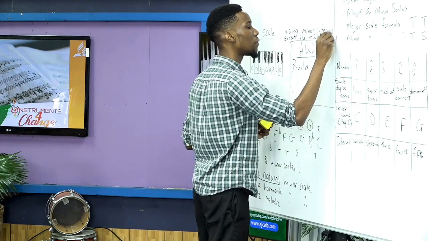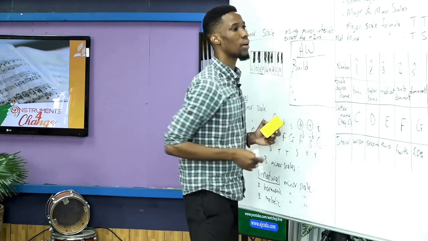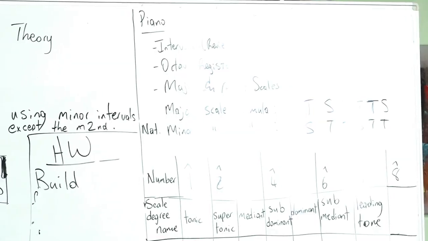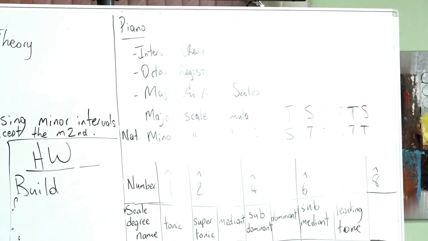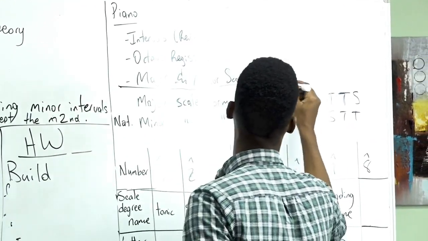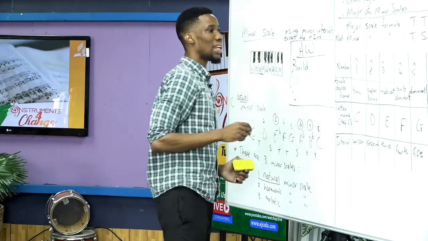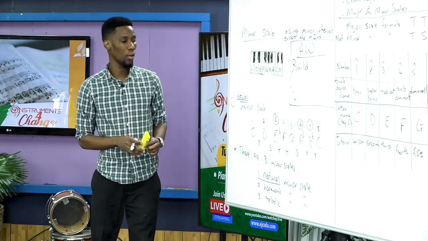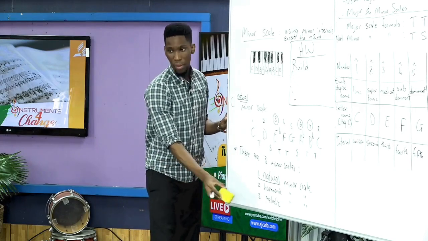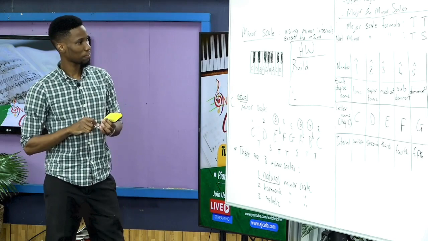NAT. Natural minor scale formula. So you have the formula for the major scale. Bam. You have the formula for the natural minor scale so far. We have 2 more to look at, harmonic and melodic. But we're not going to look at them in this class.